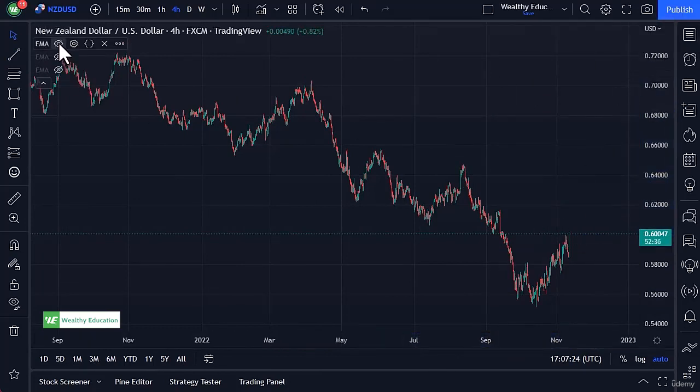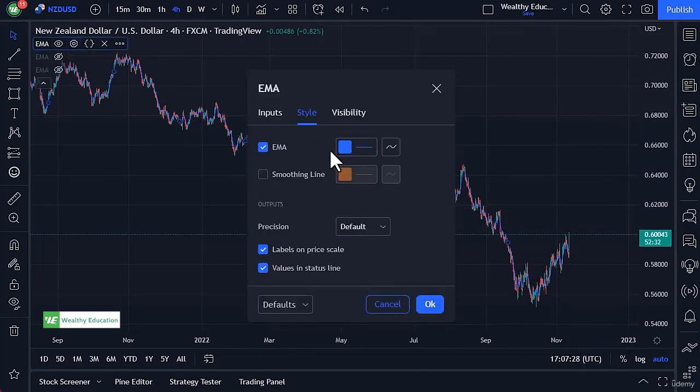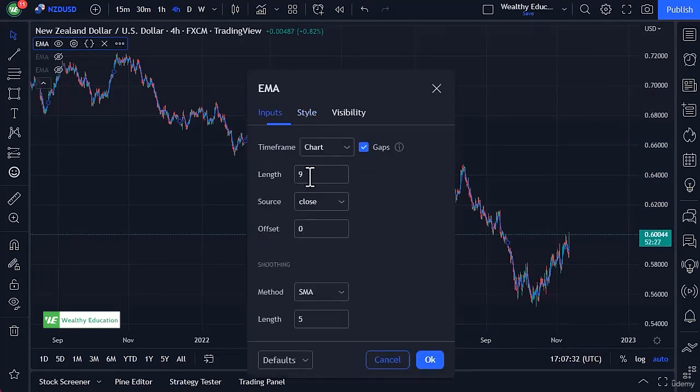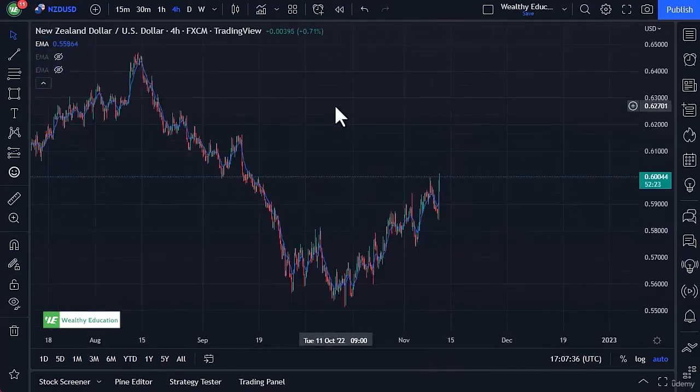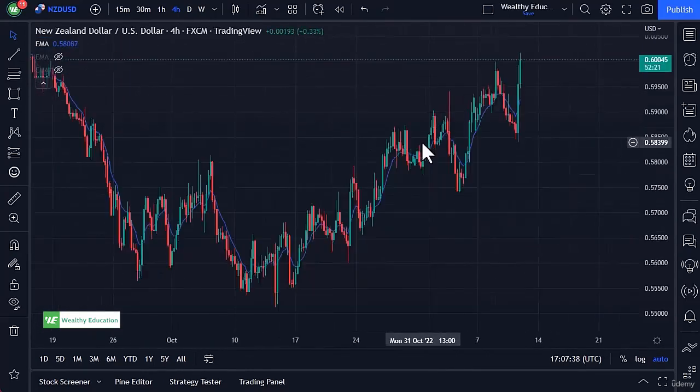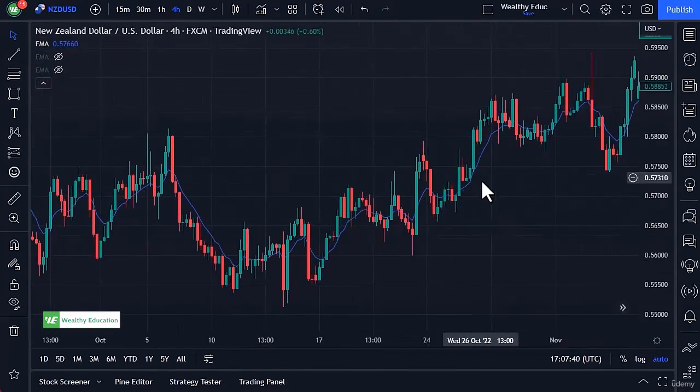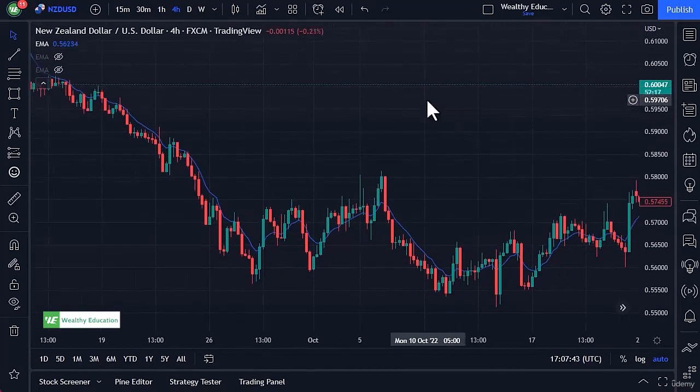Well, let's go ahead and show some moving averages. Let's click on the wheel for the settings. And this is the 9. So what the 9 moving average shows is a line, as you can see, that follows right along with price.